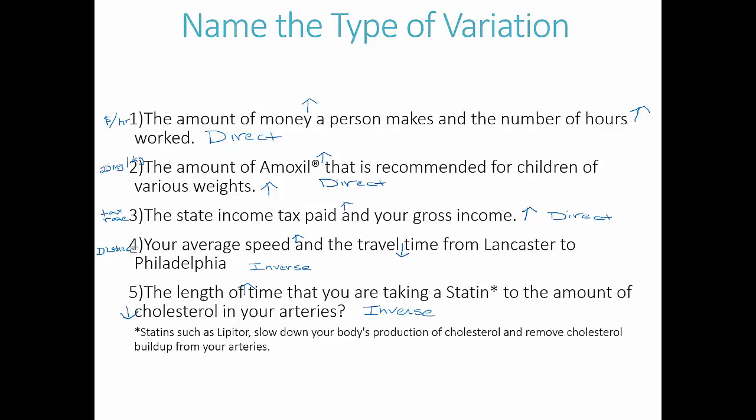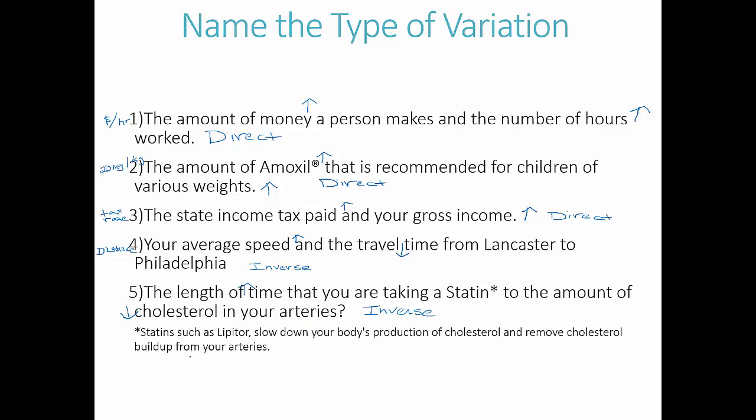Now, when we talk about the scenario with the statin and the amount of cholesterol, there would be many factors that weigh into determining the constant. So how fast your particular body produces cholesterol, your history, your exercise, your diet, all of them come into play. So I'm not able to put my finger on exactly what that constant is in real life.